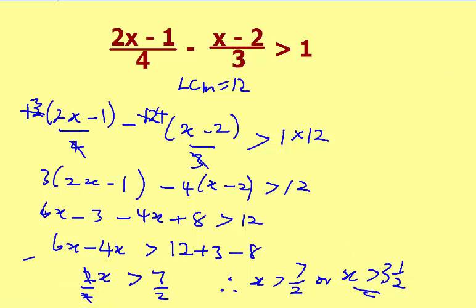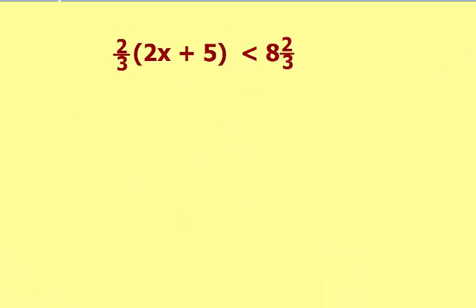I'm sure it's been a great help. So let's solve this one. Of course, that will be our last question if possible. So let's see the same fraction. The first thing is, let's change this one to an improper fraction.